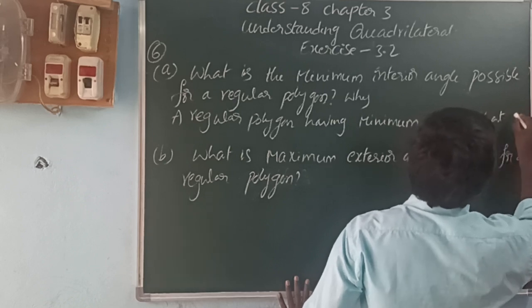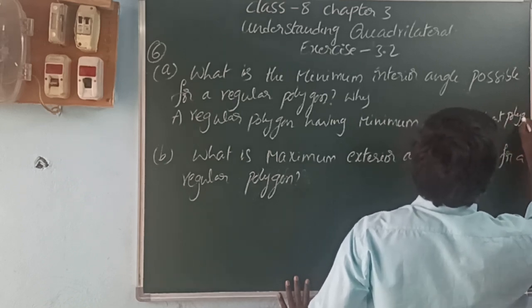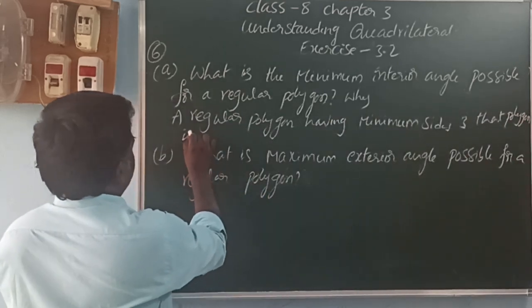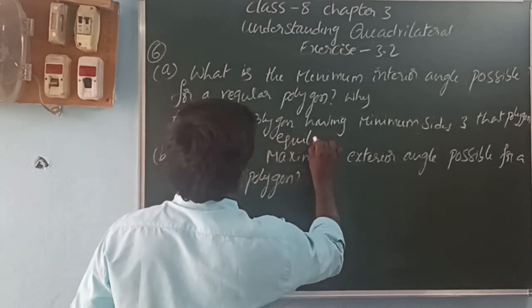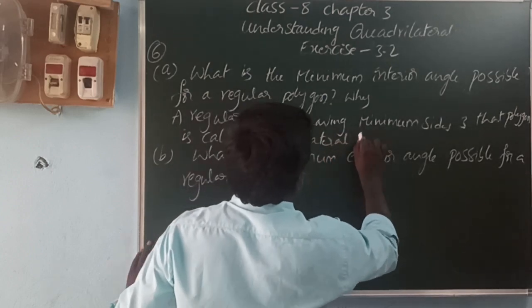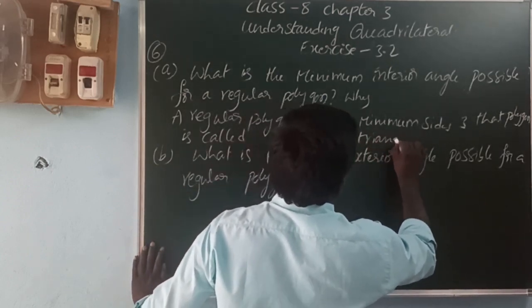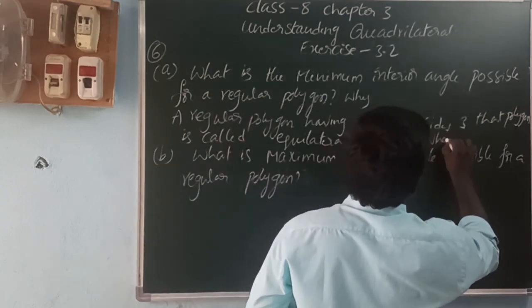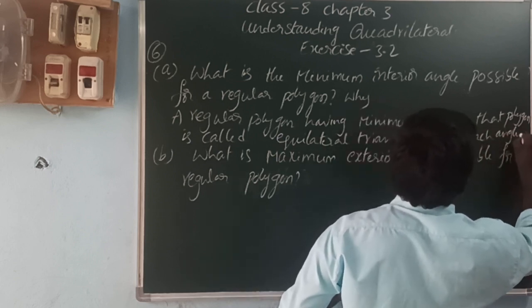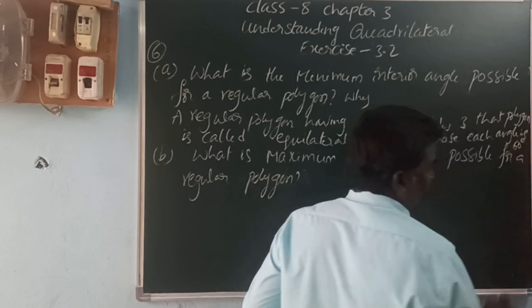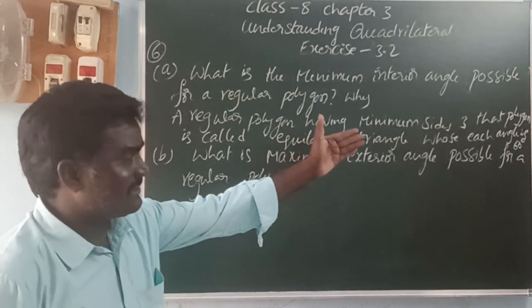That polygon is called an equilateral triangle, whose each angle is 60 degrees. So the minimum interior angle is 60 degrees.